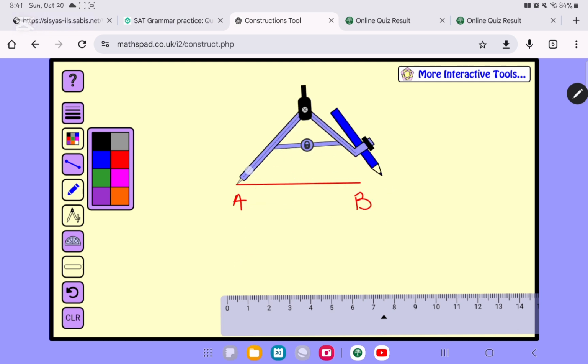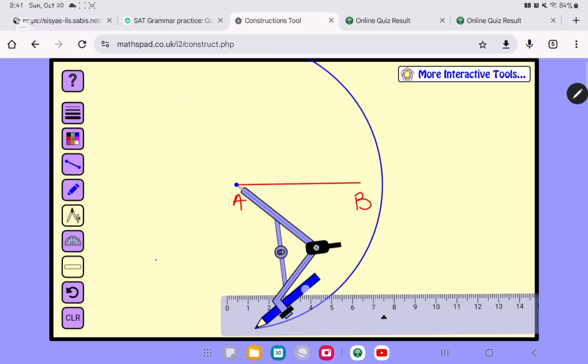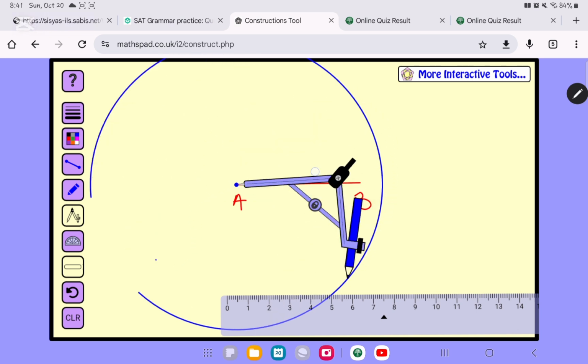Next, we're gonna put the compass at center A, and we're gonna draw 2 arcs.